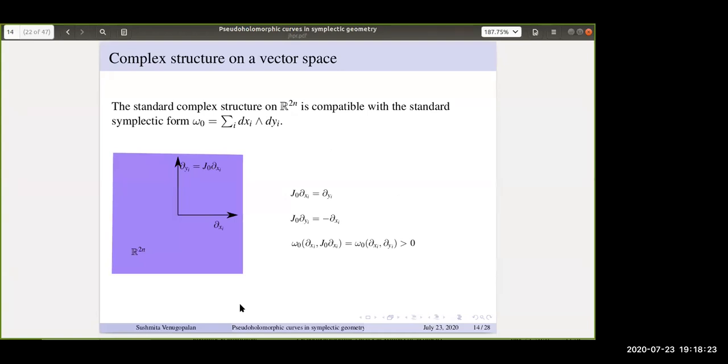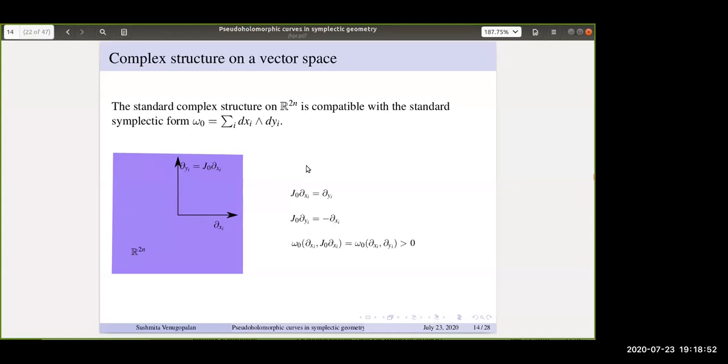The easiest and standard example that you should have in mind is that of a complex structure on R^2n with the standard symplectic form. Recall that the standard symplectic form pairs dx_i and dy_i. There, the standard complex structure takes x_i to y_i and y_i to minus x_i.